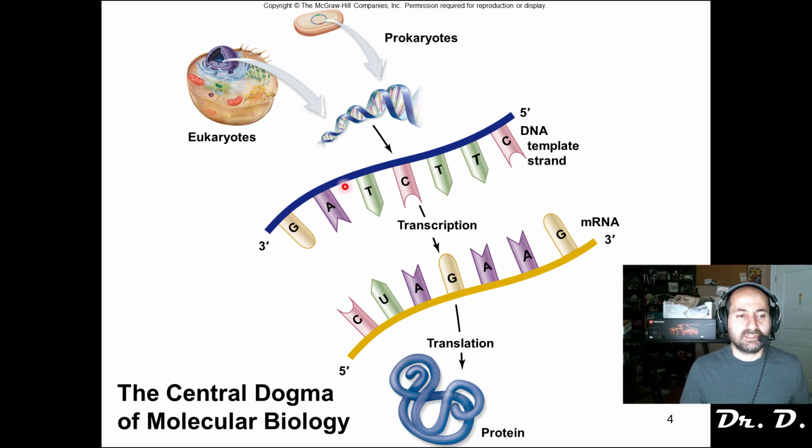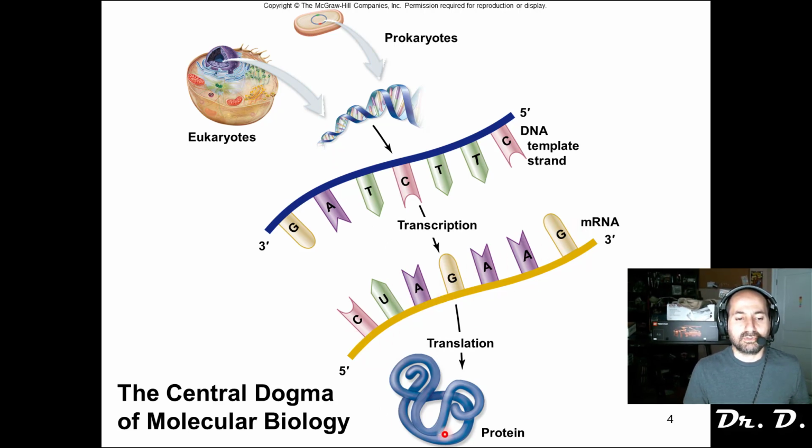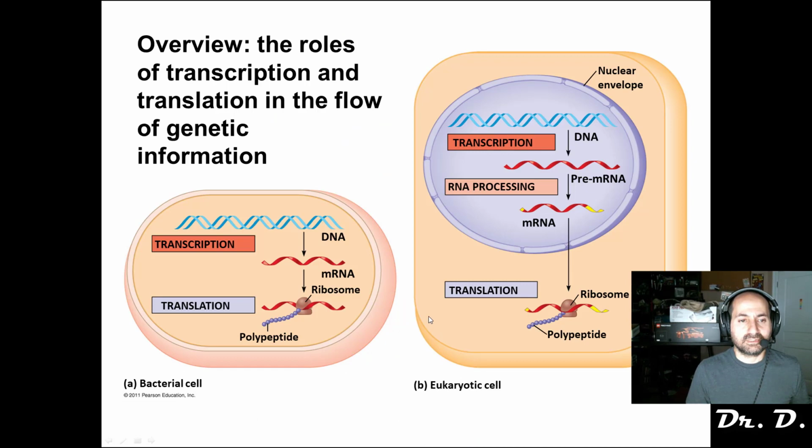Remember, G's, A's, T's, C's. And each gene is the genetic information for an mRNA. Okay, and then that mRNA is translated to a particular protein. Remember, the first step from DNA to RNA is called transcription, and then from RNA to protein is called translation.